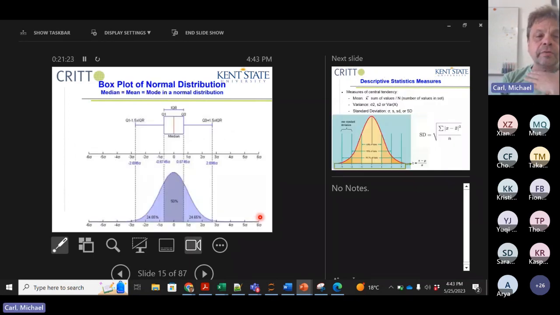Okay, now if you look into the box plots and this normal distribution, where we have this bell shape, which is very symmetrical towards the left and the right, we would see that in the interquartile range we have different values. 50% of the data falls between Q1 and Q3.